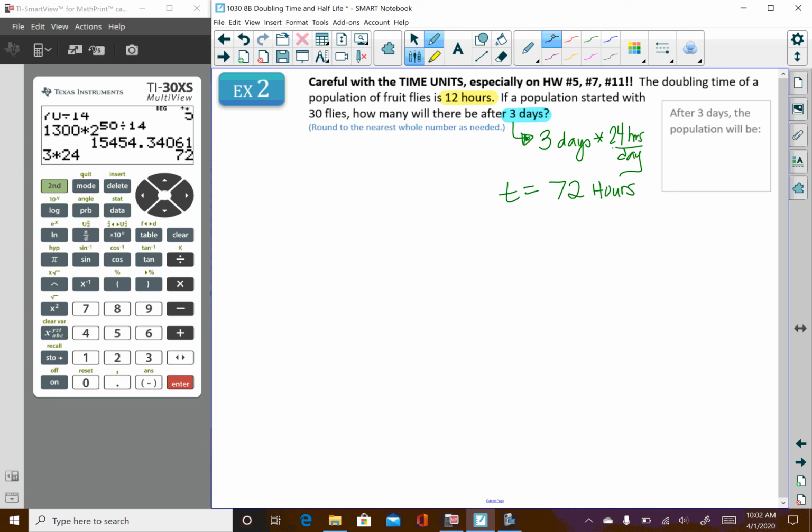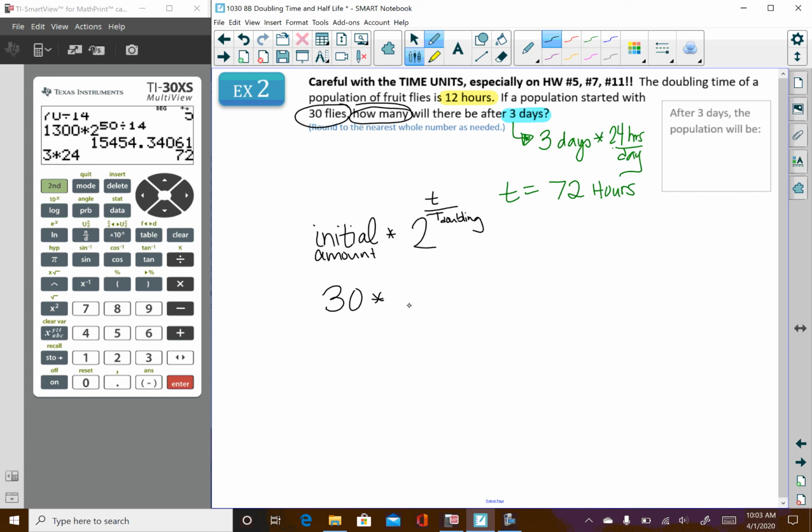So this one is asking us how many. So we are going to use our equation where we take that initial amount and we multiply it by our growth factor of 2 to the time over doubling time. So our initial amount is that we have 30 flies to start out.